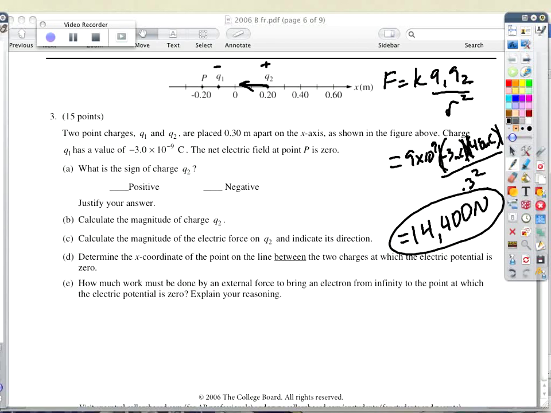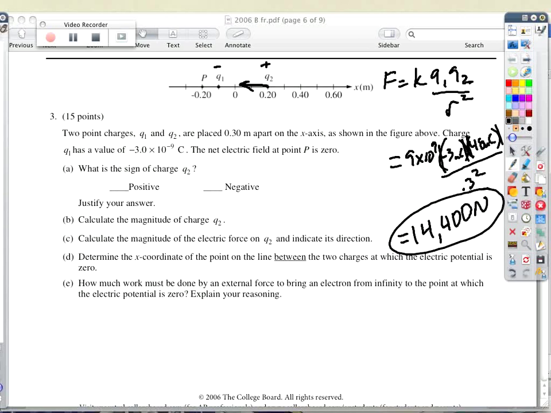9 times 10 to the 9 times this. That becomes 27.09. 9 goes away. It becomes 3 times that. 0.01. 01 moves the decimal place over. So I get 3 times 4,800. Yeah. Is that right? Anyone?